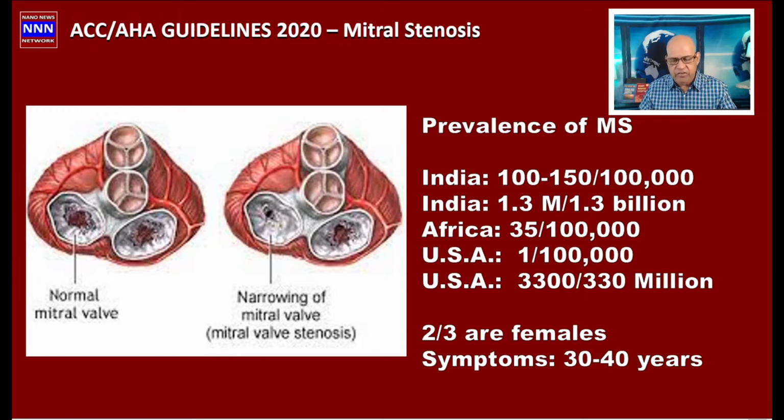Talking about demographics, two-thirds of these are seen in females, and most of them become symptomatic between the ages of 30 and 40 years. It is very important to understand the population involved, the age group, the symptoms they present with, and how we diagnose.